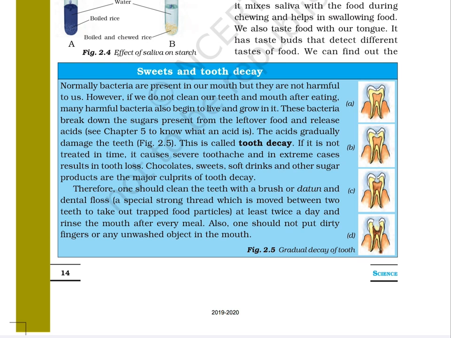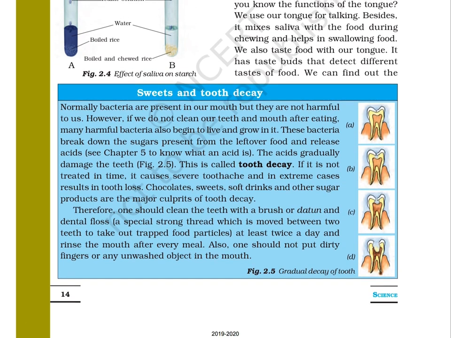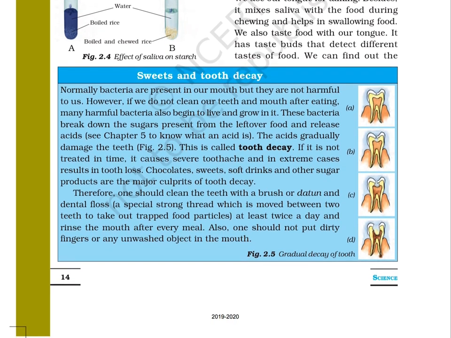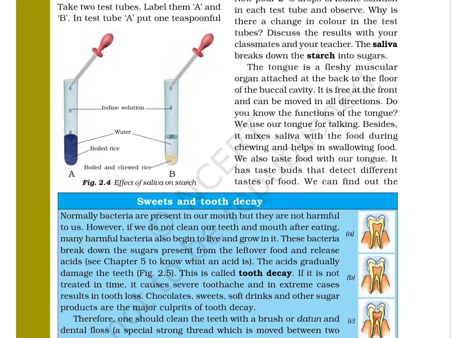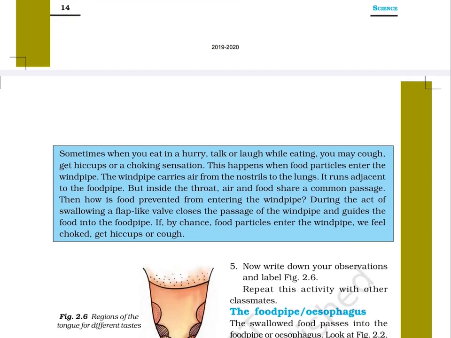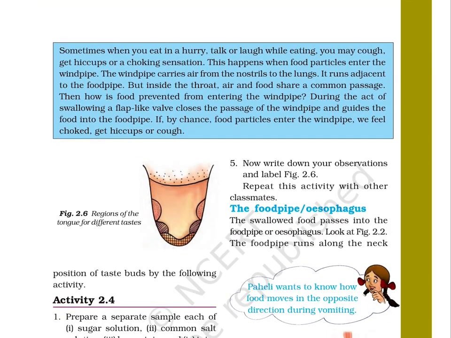Sometimes when you eat in a hurry, talk, or laugh while eating, you may cough, get hiccups, or a choking sensation. This happens when food particles enter the windpipe. The windpipe carries air from the nostrils to the lungs. It runs adjacent to the food pipe. But inside the throat, air and food share a common passage.